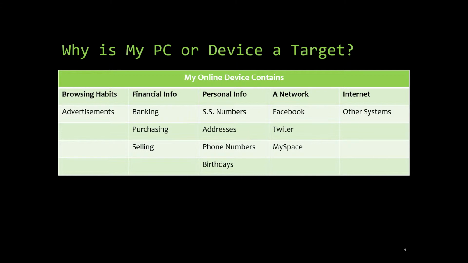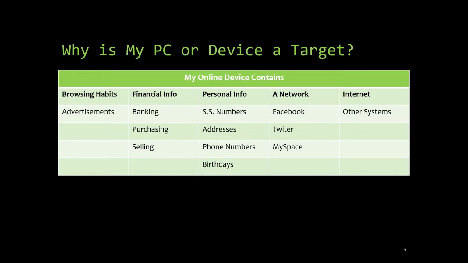So why is your device a target? Well, your online devices contain your browsing habits, which with the browsing habits come advertisements. That's also a selling point for some information. Your online devices contain financial information, such as your banking account, your purchasing habits and selling habits, which can lead to banking information.